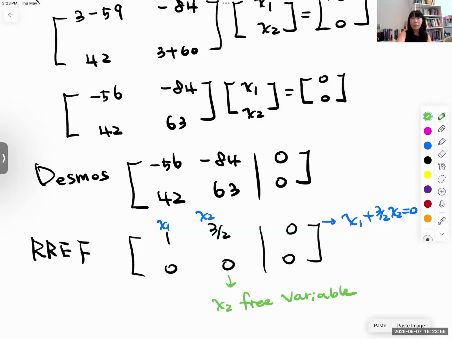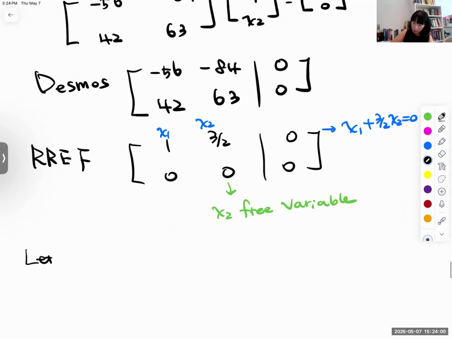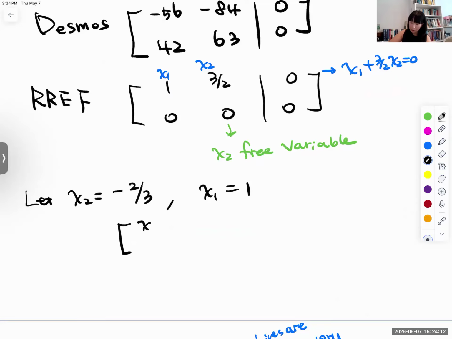What do you want to pick? So let x sub 2 equal negative 2/3. Then x sub 1 equals 1. Yeah. Okay, then we have another eigenvector, x sub 1, x sub 2, which is 1, negative 2/3.